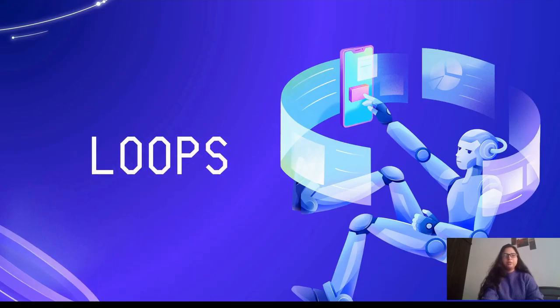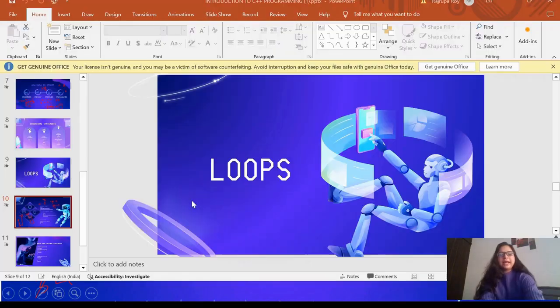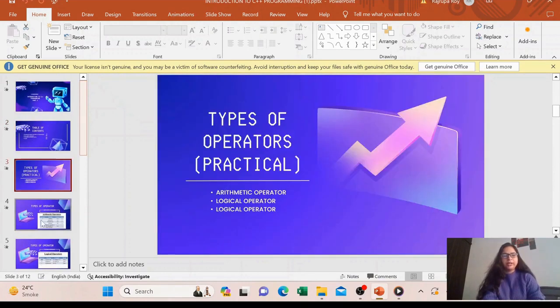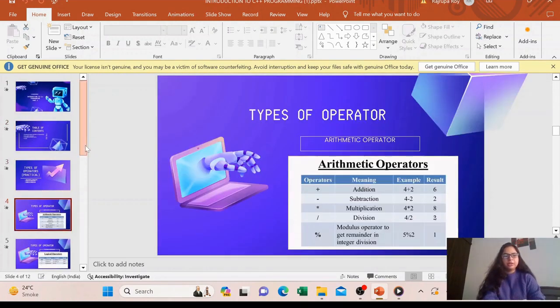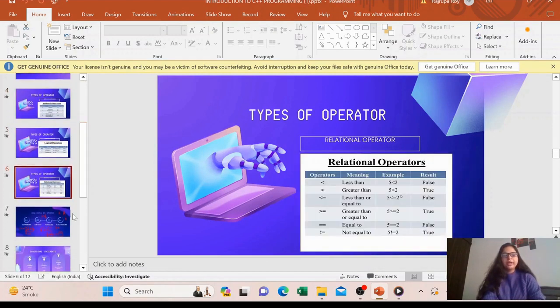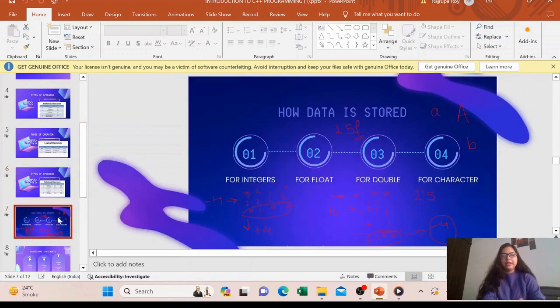Till now we have seen what a while loop is. We have introduced the concept called the while loop, but we have not seen the exact functionality, how my code works. We are going to see it in the next video. Let's quickly check what we have learned till now. We have seen the types of operators, the practical implementation of arithmetic, logical and relational operators, and how we store data in integers, floats, doubles and characters.